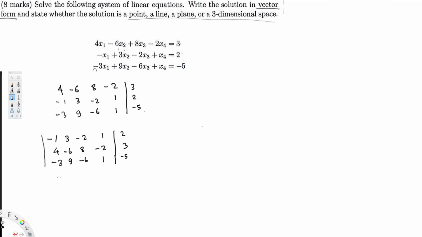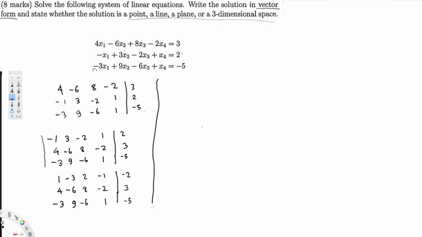If I do that I will get 1, minus 3, 2, minus 1, and here is going to be minus 2. Then the second one remains the same, so it's going to be 4, minus 6, 8, minus 2, 3, and the third is minus 3, 9, minus 6, 1, minus 5.